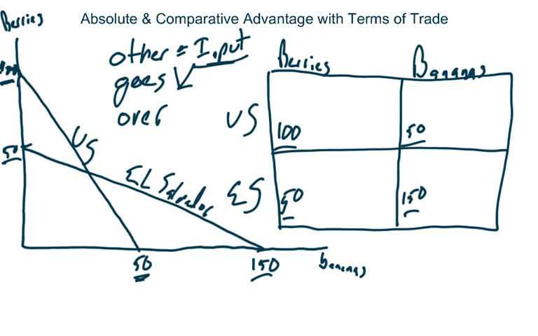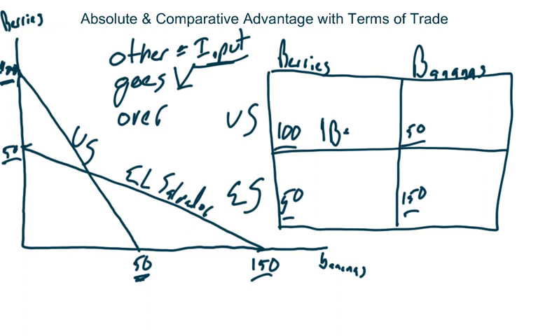So what do you mean by "other goes over"? I'm glad you guys ask. You always ask such good questions. In this case, I'm trying to find out if the United States takes their time to produce one berry, how many bananas do they have to give up? In this scenario, you have to pretend they're going to produce nothing but that particular item.